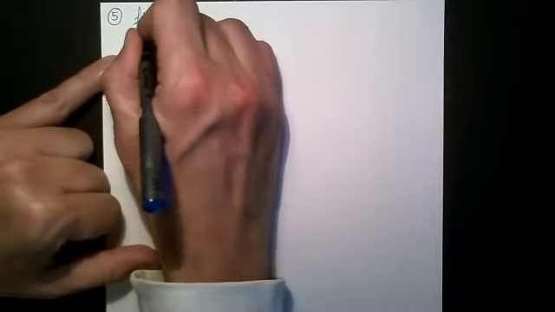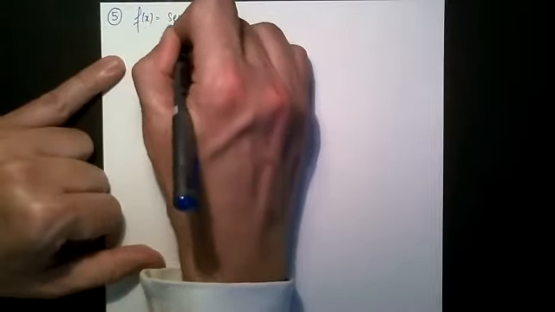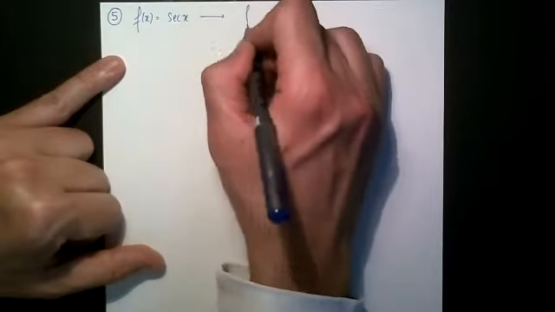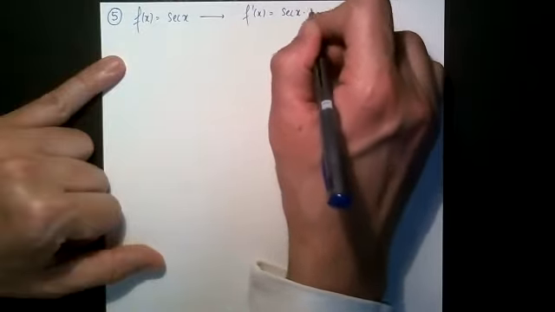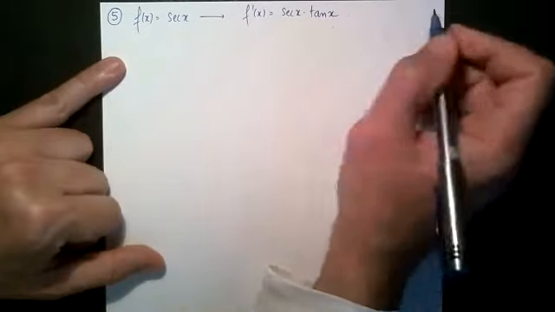This is number 5, I think. 5. So if f of x is equal to the secant of x, then f prime of x will be equal to the secant of x times the tangent of x.